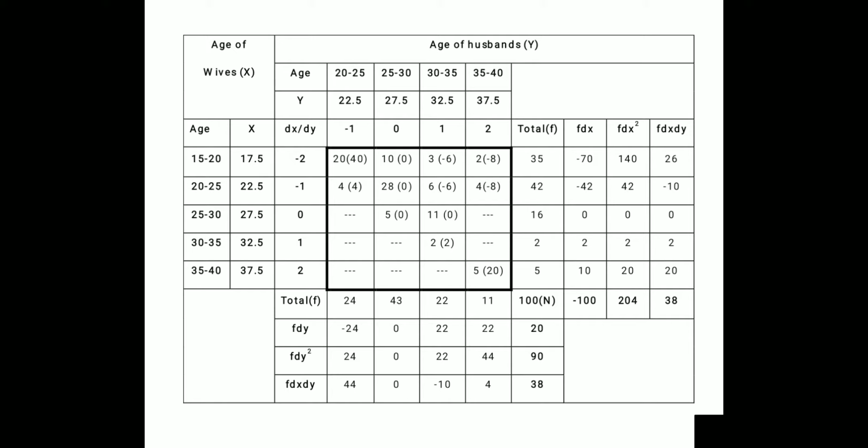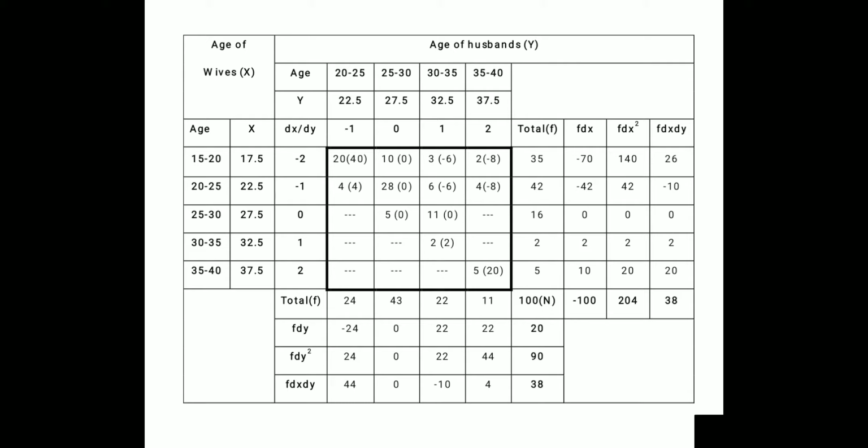So now concentrate on the first cell of the bold table, that is 20. The frequency of the first cell is 20. So that is f, right? So 20 into dx of the corresponding row, that is -2. So f into dx, that is 20 into -2, and the dy value, into -1.